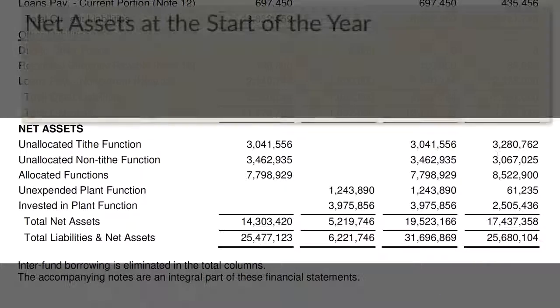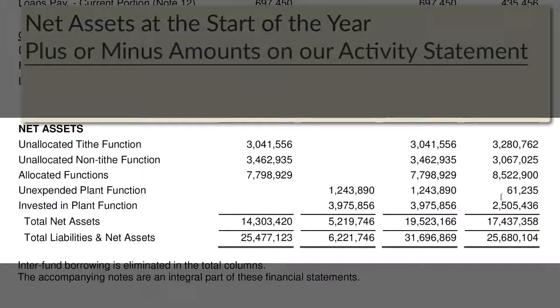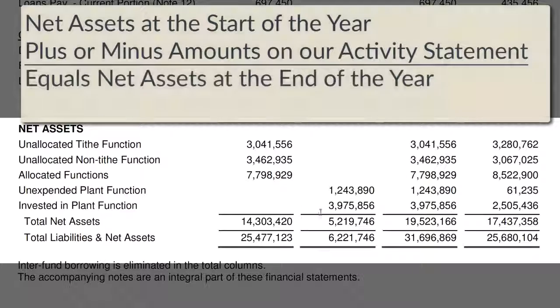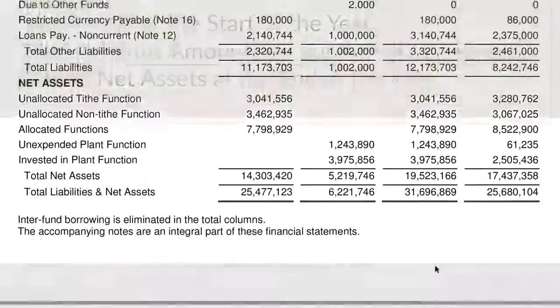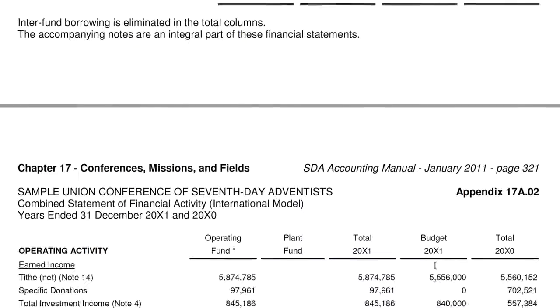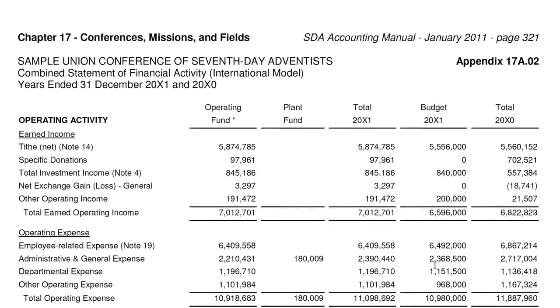We brought in money and we spent money, and it brought us to the end of this year. We started the year with a certain amount of resources, we brought in money, we spent money, and we ended up in our status at the end of the year. That's explained by our statement of financial activity.